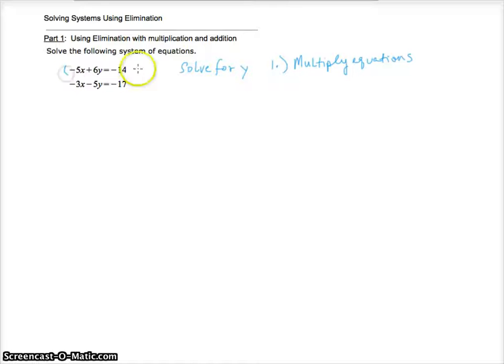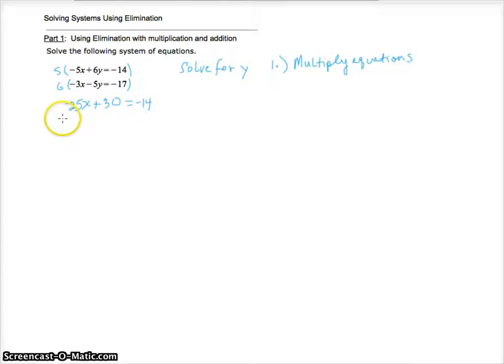So I'm going to multiply the top by 5 and multiply the bottom by 6. That'll give me negative 25x plus 30y equals negative 14.